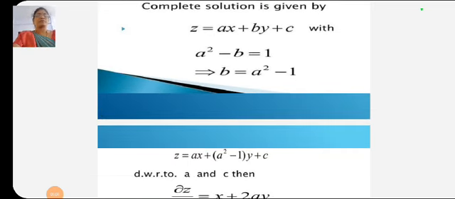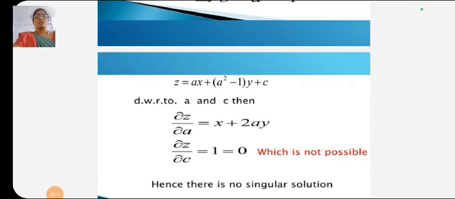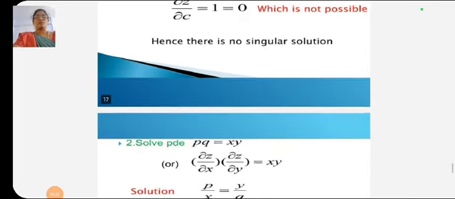Therefore z equal to ax plus a squared minus 1 into y plus c. Differentiating with respect to a and c, we get dou z by dou a equal to x plus 2ay, and dou z by dou c equal to 1, which is impossible. So we cannot get the singular solution. So this equation has no singular solution.